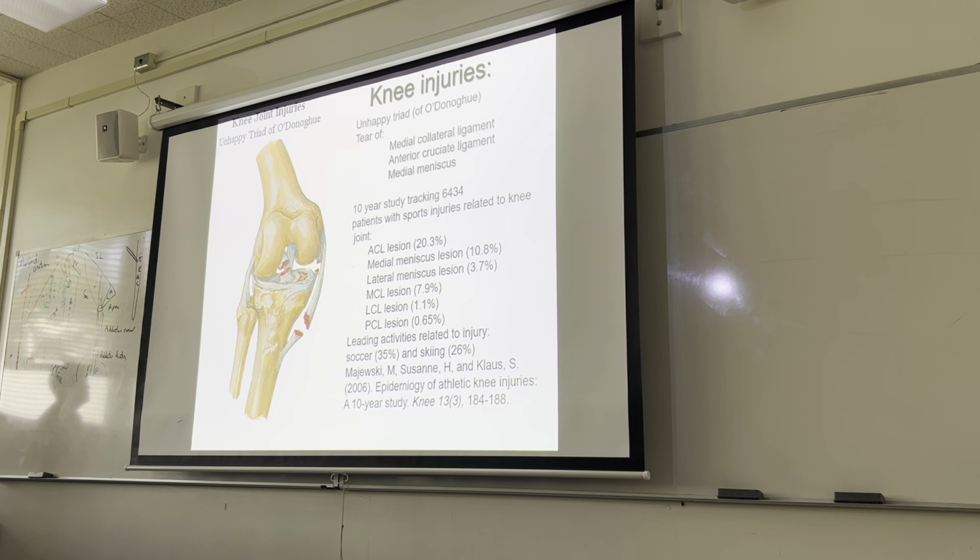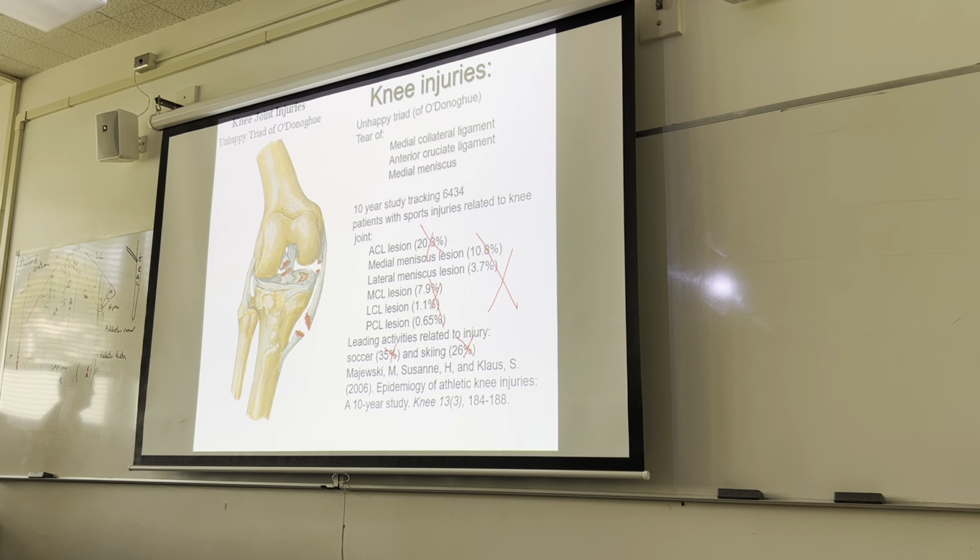ligaments. Okay, so I don't want you to memorize any of this. Just know these are really common injuries. Okay, just put this in there because I thought it was interesting. This is just from one study. Okay, 10-year study looking at 6,000 plus patients. But anyways, oftentimes you can end up with this kind of injury where the ACL, medial meniscus, and medial collateral ligament are all torn.